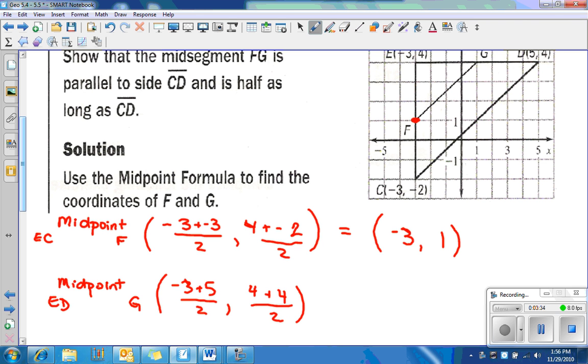So -3 plus 5 is the same as saying 5 minus 3, which is 2, and 2 divided by 2 is 1. And then 4 plus 4 is 8, and 8 divided by 2 is 4. So point G is located at 1, 4. So those would be the midpoints of EC and ED.